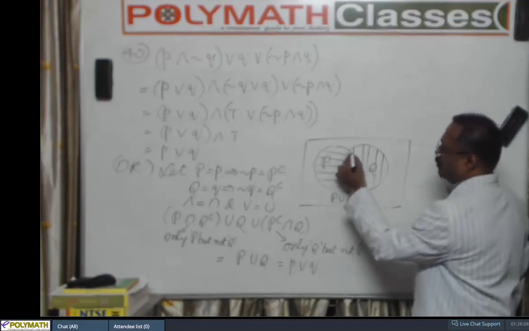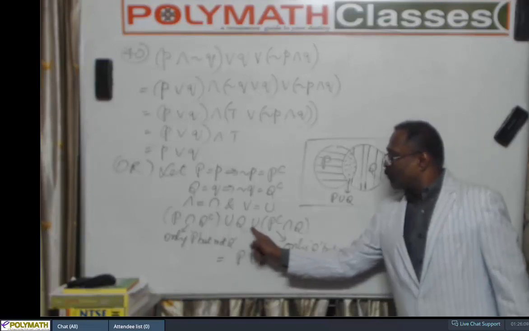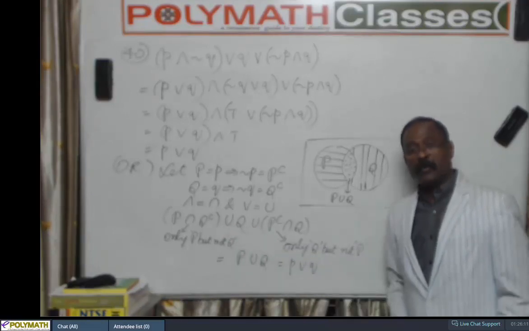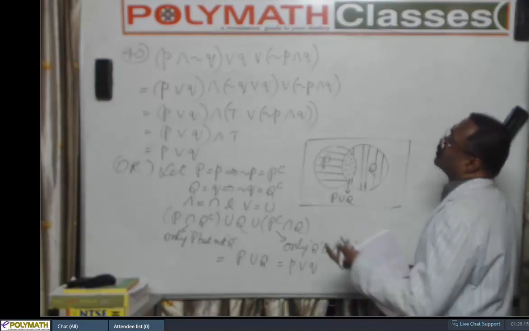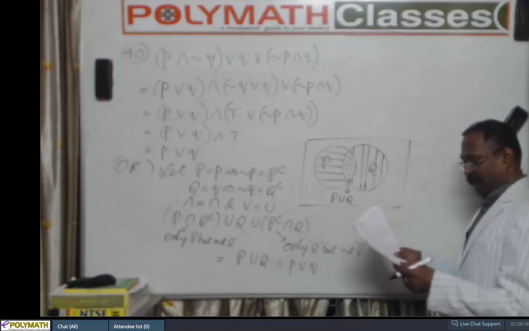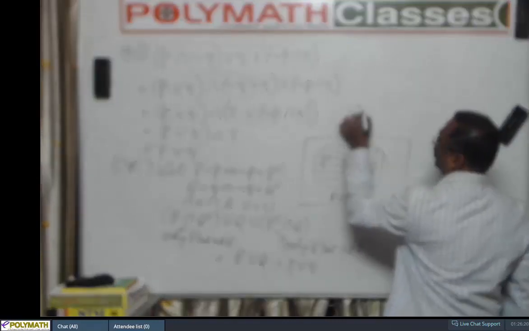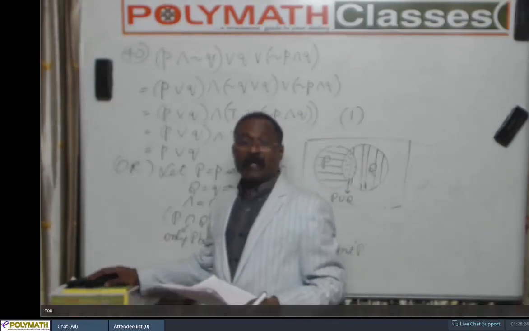This intersection part is also added by the union of Q to both. Okay? So this is the alternate method I discussed, and for this the option is going to be what? Let us see that.